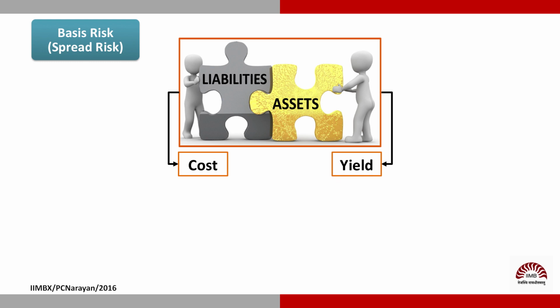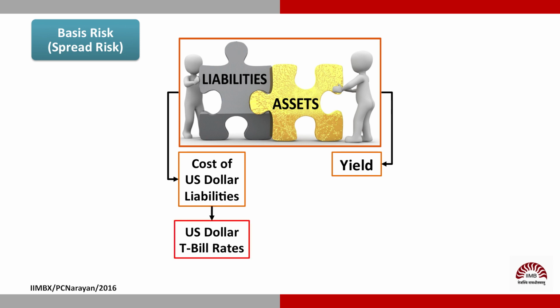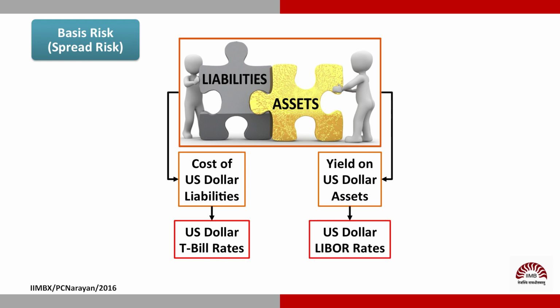As an example, the cost of US dollar liabilities in the balance sheet of a financial institution are, say, linked to the US dollar T-bill rates, whereas the US dollar assets in the balance sheet of that institution are linked to the US dollar LIBOR rate. Basis risk arises whenever these two benchmark rates do not move synchronously.